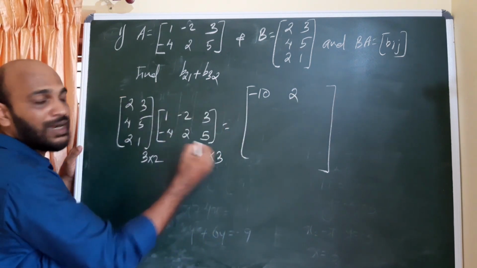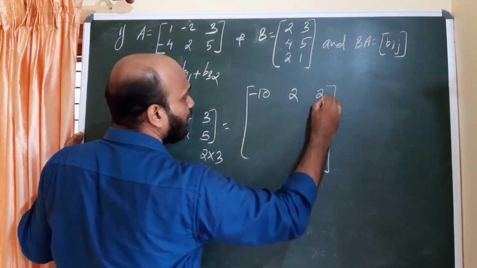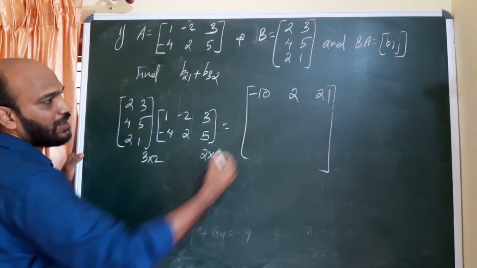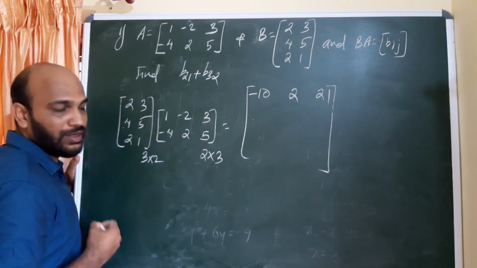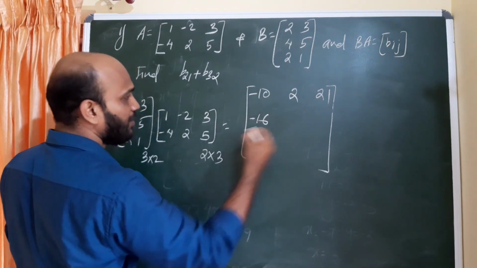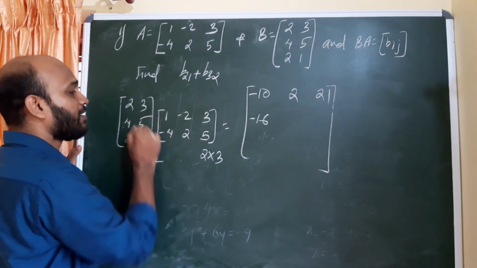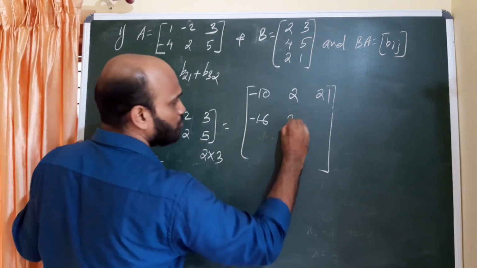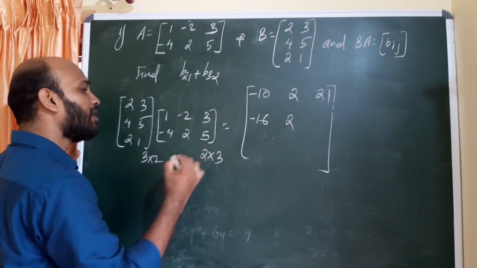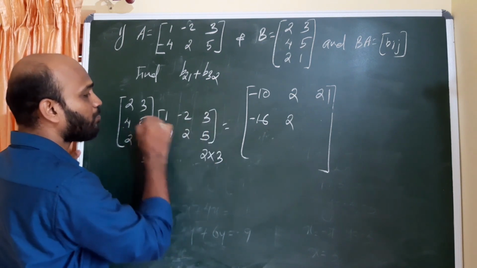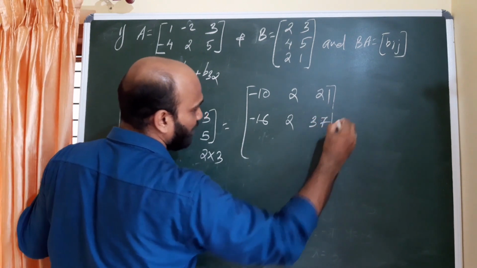a13, first row third column: 6 + 15, that is 21. a21, second row first column: 4 - 20, that is -16. a22, second row second column: -8 + 10, that is 2. Then a23, second row third column: 12 + 25, that is 37.